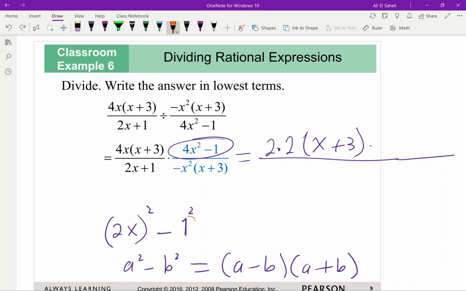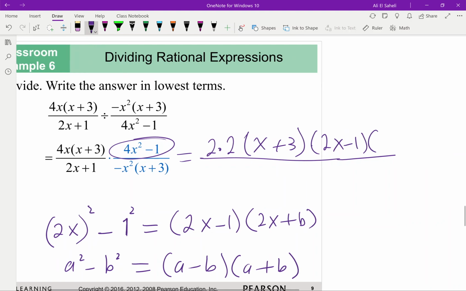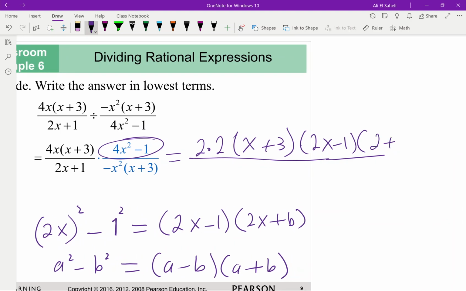where a is 2x and b is 1. So this is equal to a minus b, a plus b, 2x minus 1, 2x plus 1. So that's the numerator.